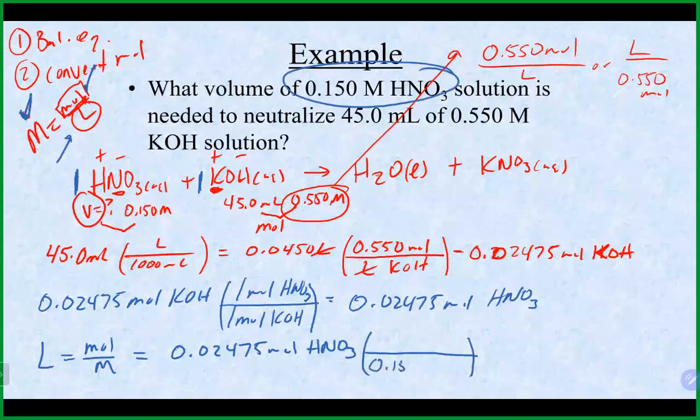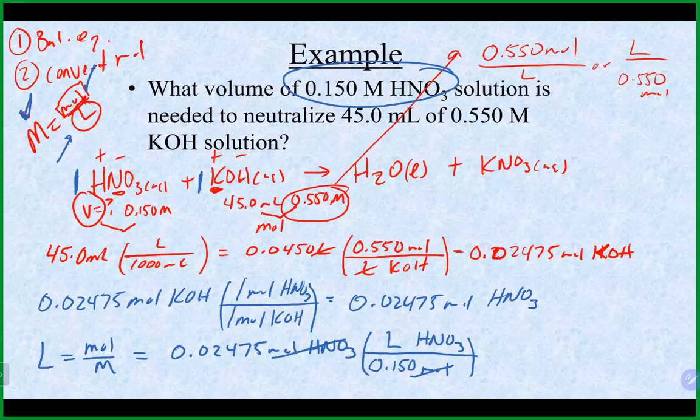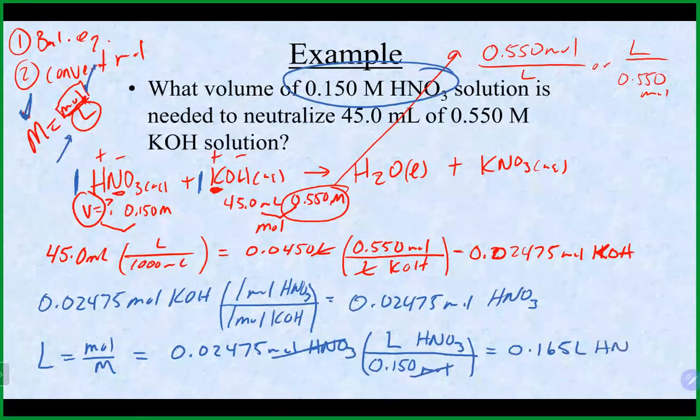So 0.15 moles per liter of our nitric acid. The moles of the nitric acid will now cancel in this case. And that will get us divided by 0.150, 0.165 liters of nitric acid is needed, which if we multiply by 1,000 will tell us that that is 165 milliliters of nitric acid is needed.